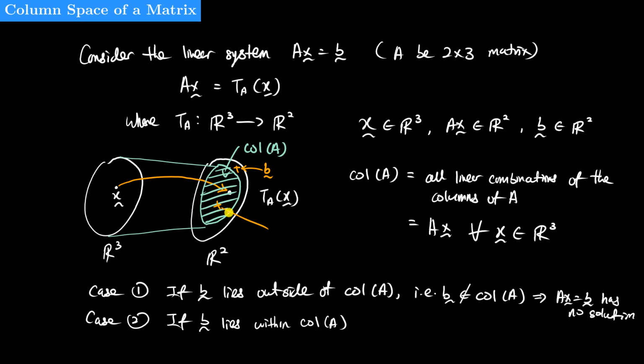Your vector b, case 2, lies within the column space of A. Then we do have at least one linear combination of the columns of A that can reproduce b. So in this case, b is in the column space of A, and this implies Ax equal to b is consistent.